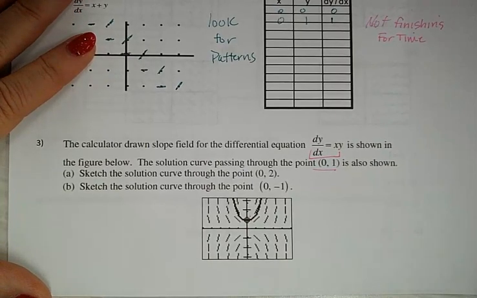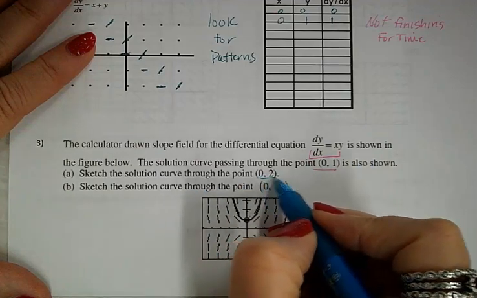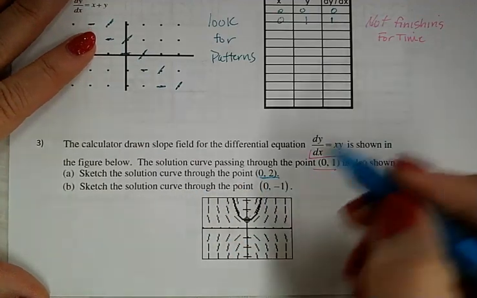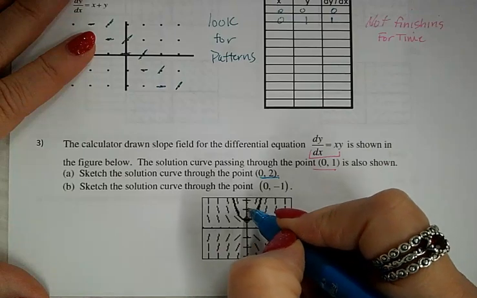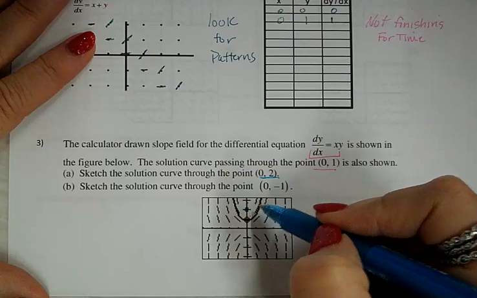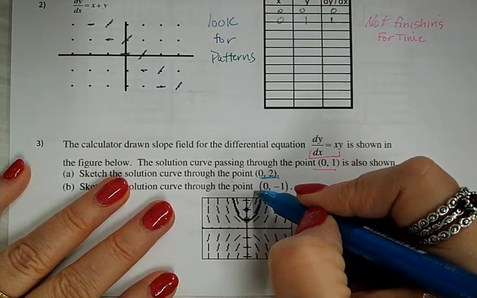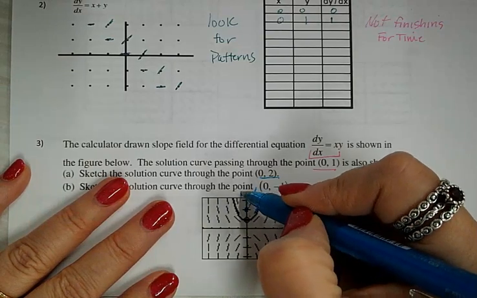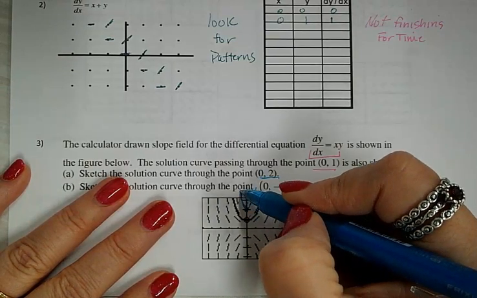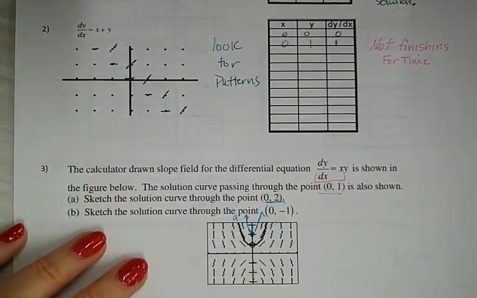Now I want you to sketch a solution curve that goes through the point 0, 2. So I go to my graph, go 0, up 1, 2, and put a dot for that point, and then I'm going to use the tangent lines to graph it. It's going to look maybe something like this. So that one was my A. All right, well, what now?